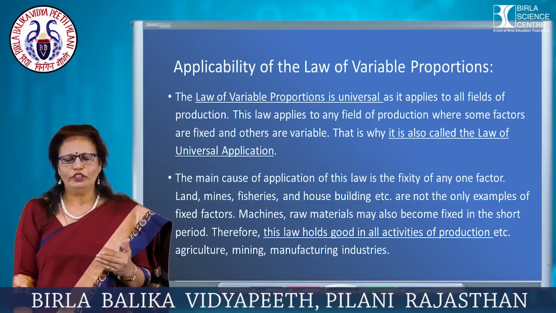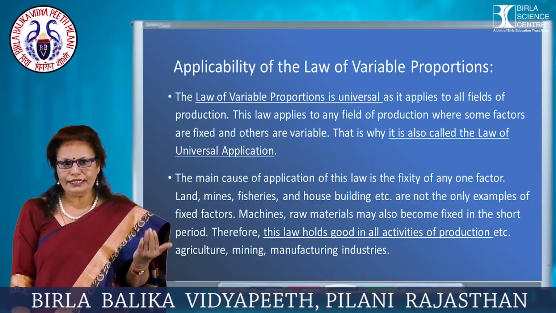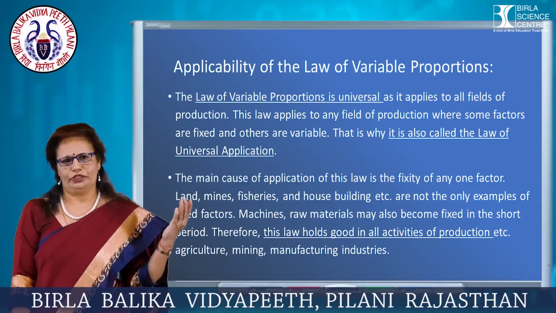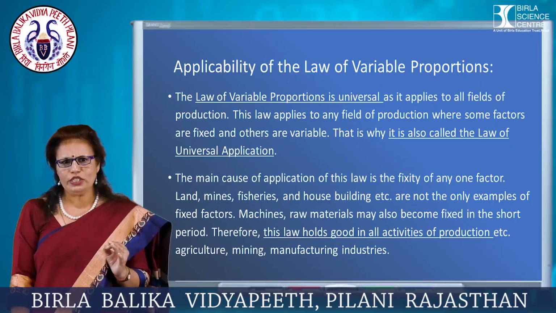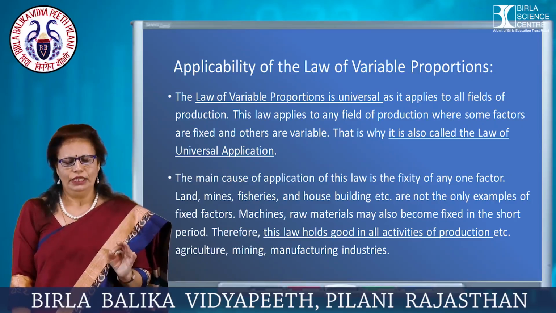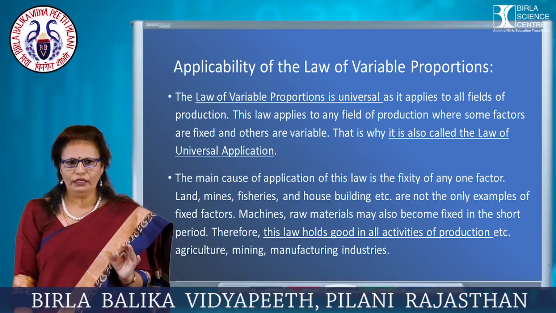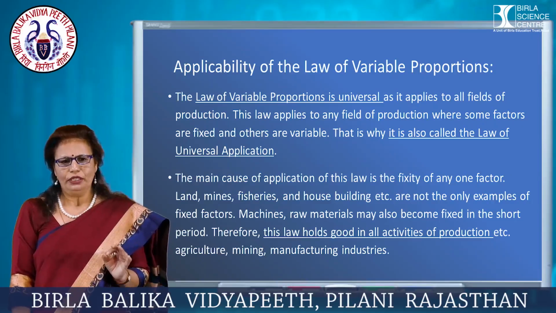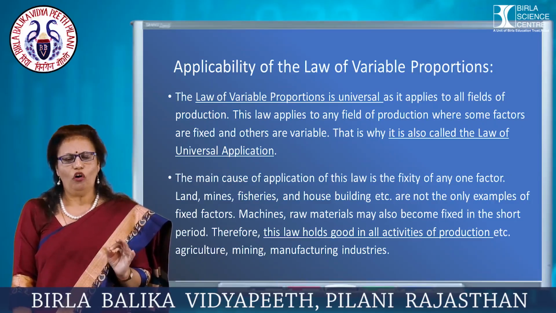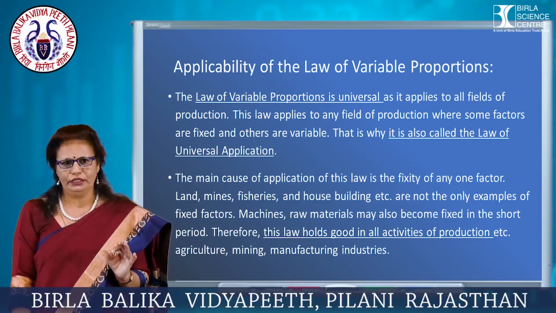Now, applicability of the law of variable proportions. The law of variable proportions is universal as it applies to all fields of production. This law applies to any field of production where some factors are fixed and others are variable. That is why it is called the law of universal application. The main cause of application of this law is the fixity of any one factor.